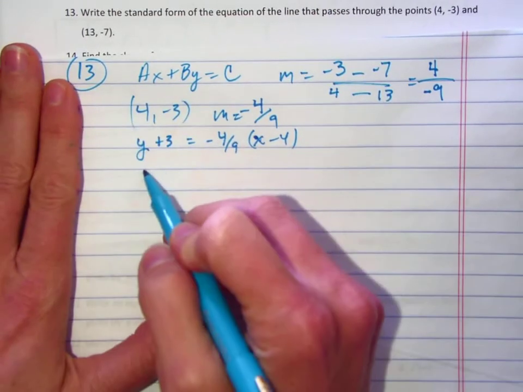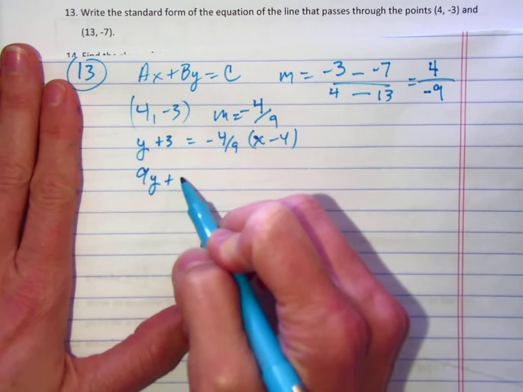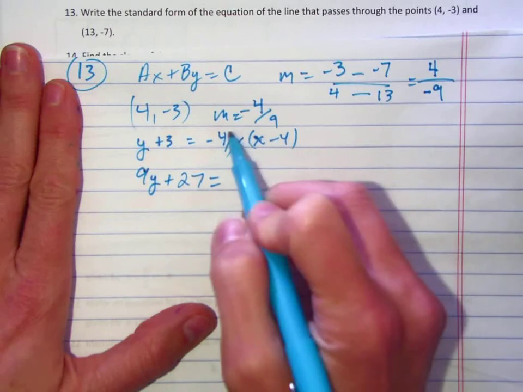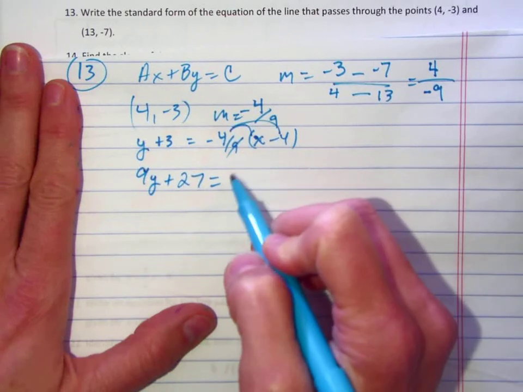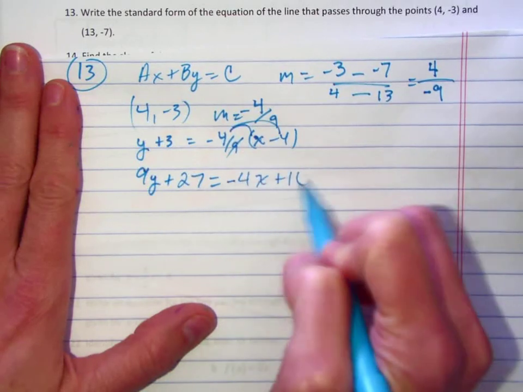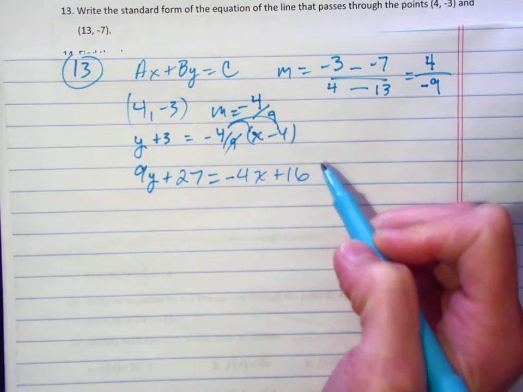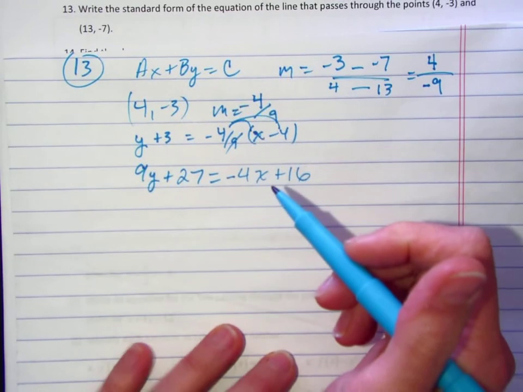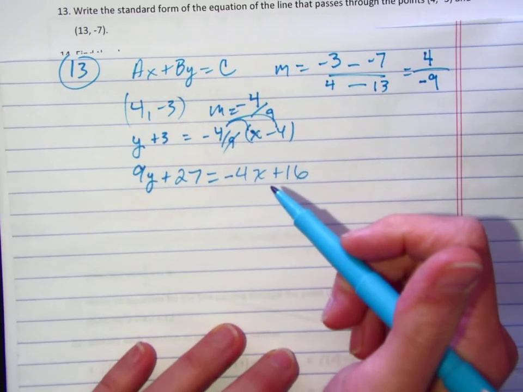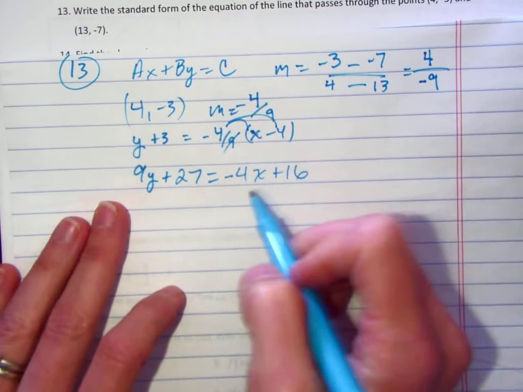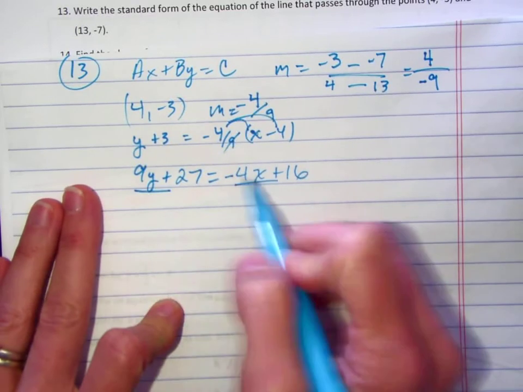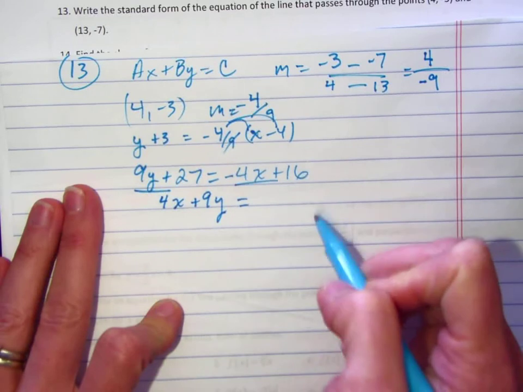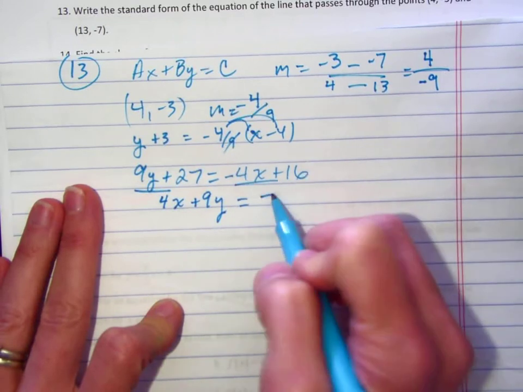So then we get 9y plus 27 equals, that's going to cancel that out, and so then I can distribute. So I get negative 4x plus 16, and then what we want to do is put the 2 terms on the one side. So let's put x and y on the same side. So we get positive 4x plus 9y equals, if we subtract 27 from 16, that's negative 11.